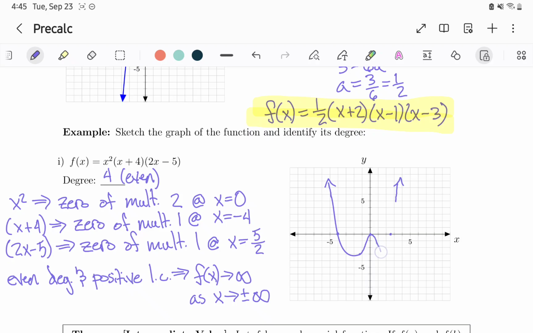Okay. Since we didn't cross, we have to go back down and then up to our other 0 at x equals 2.5. And since that is another 0 of multiplicity 1, we're going to be able to cross the x-axis there and connect with our other end behavior arrow.